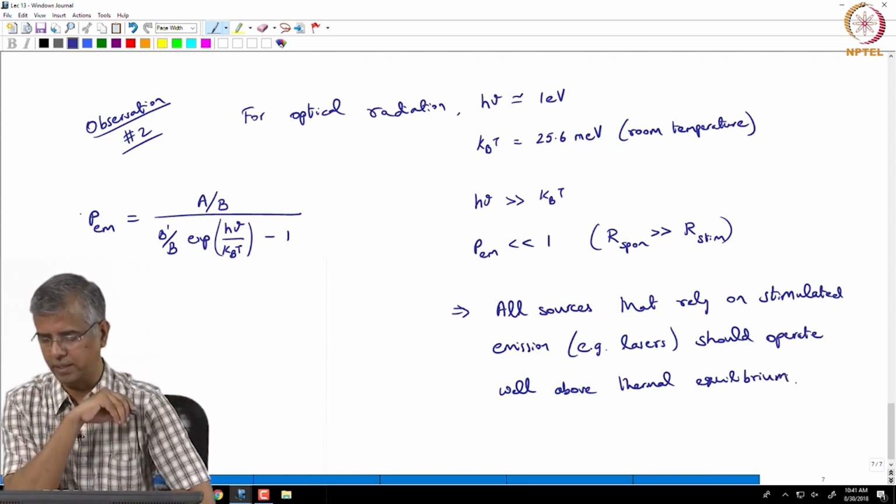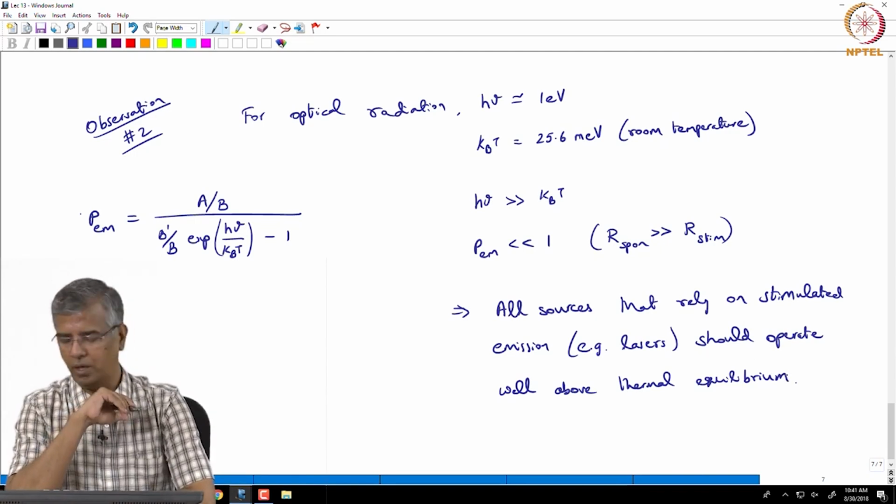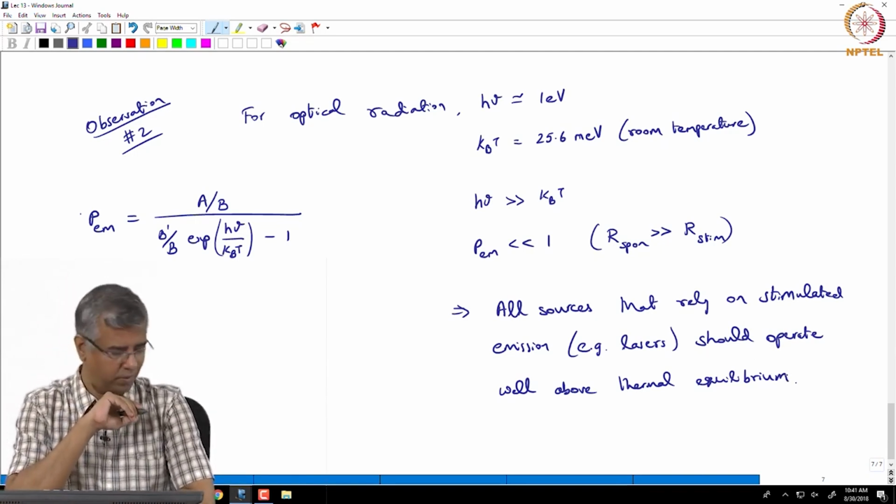Right. All sources that rely on stimulated emission should operate well above thermal equilibrium.